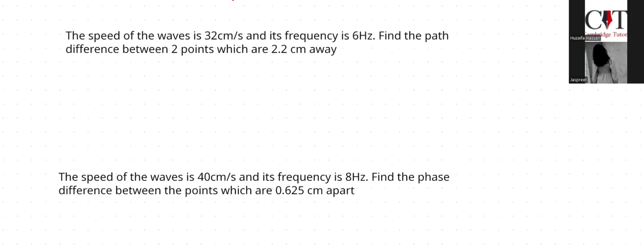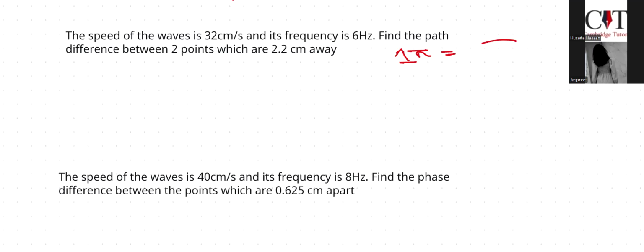Okay, so now instead of using the number of divisions formula, we have to rephrase it. We have to find the path difference between points which are 2.2 centimeter away. So the distance of one complete wave is equal to dash.